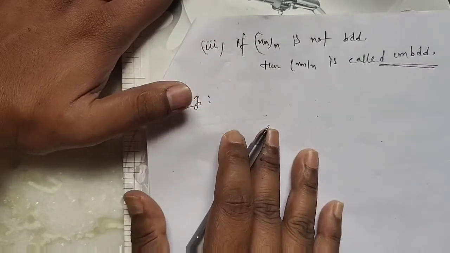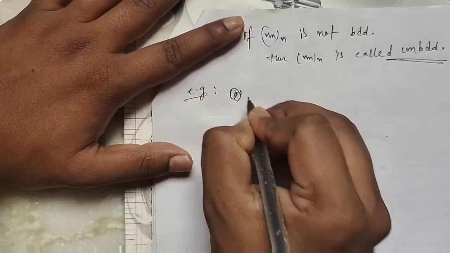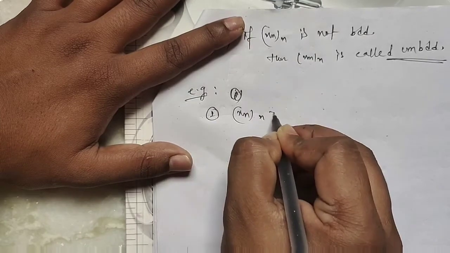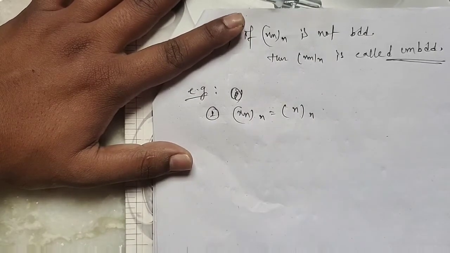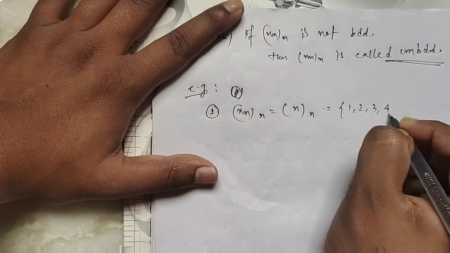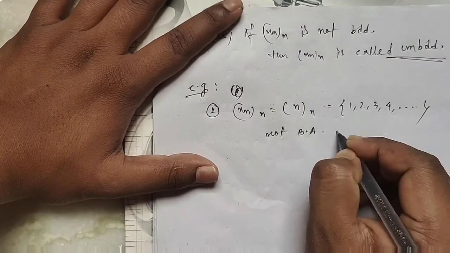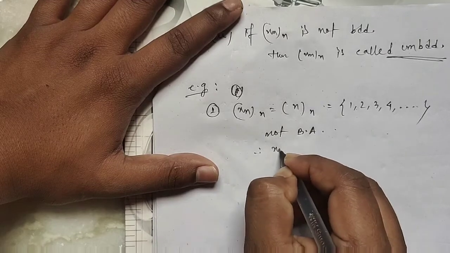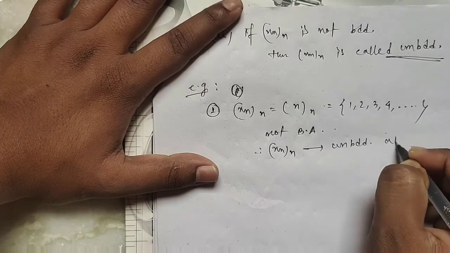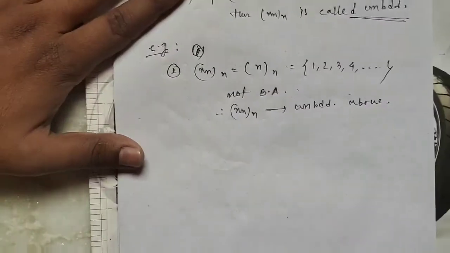For example, number 1, if we choose xn as n, this is a real sequence. It is 1, 2, 3, 4 and so on. This is not bounded above, so therefore xn is unbounded above.